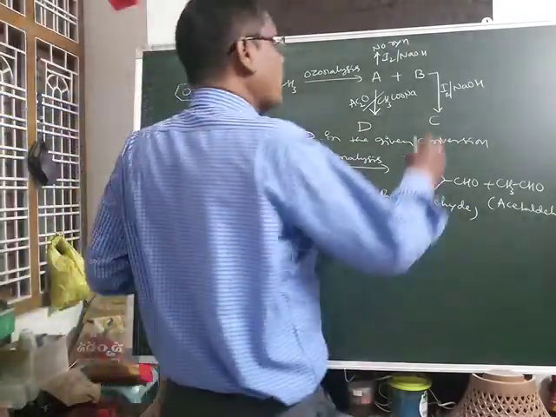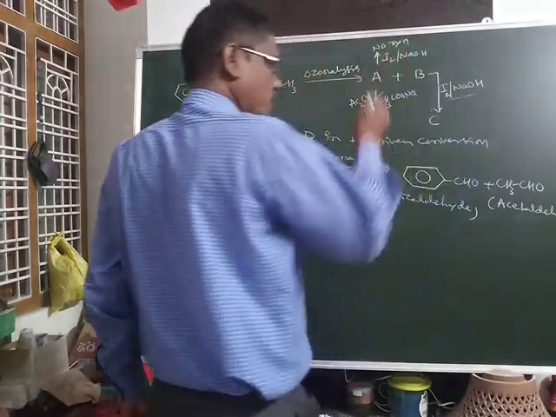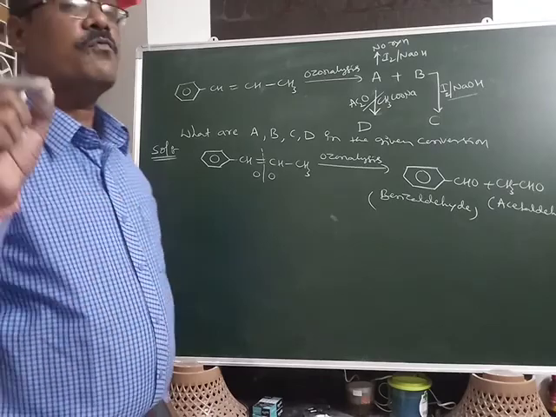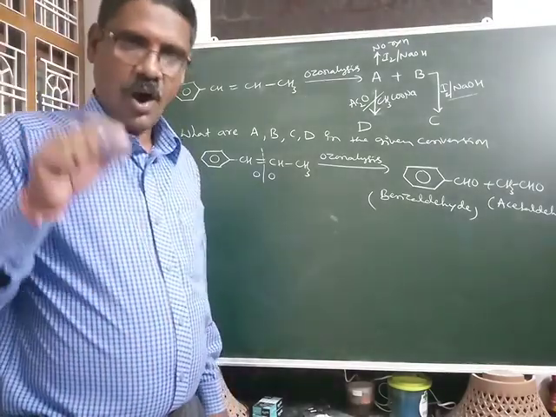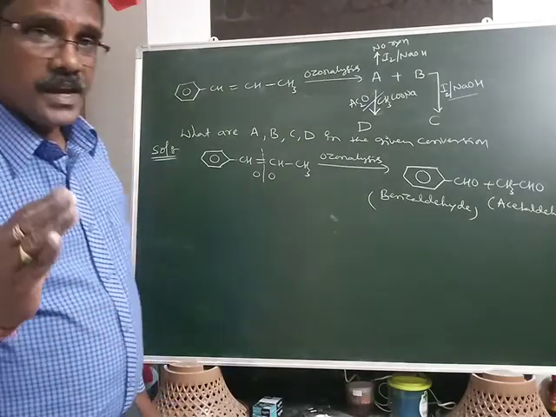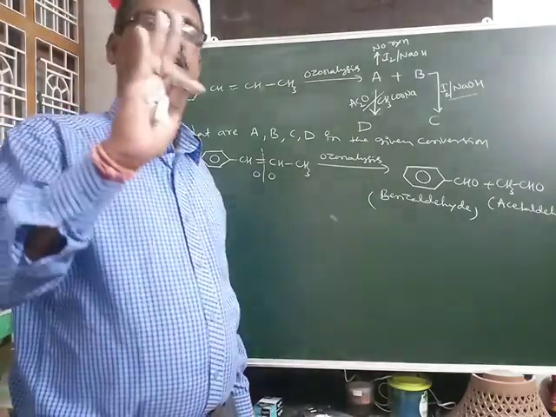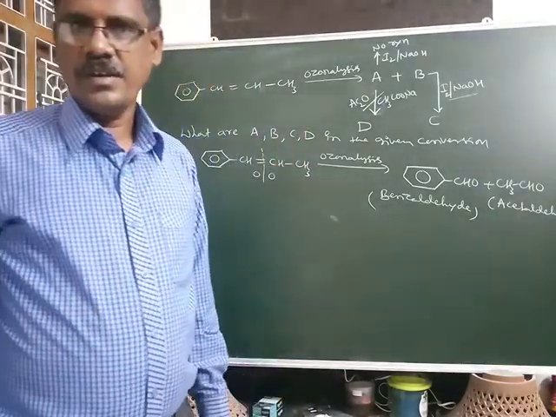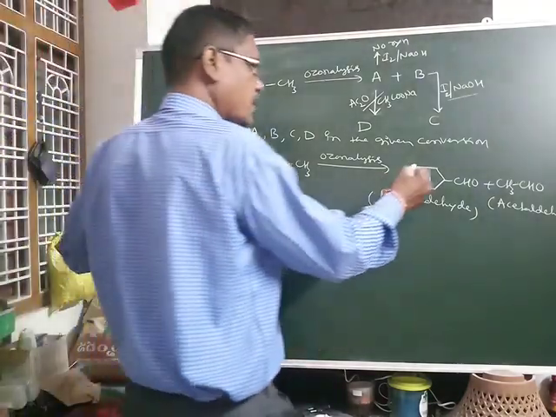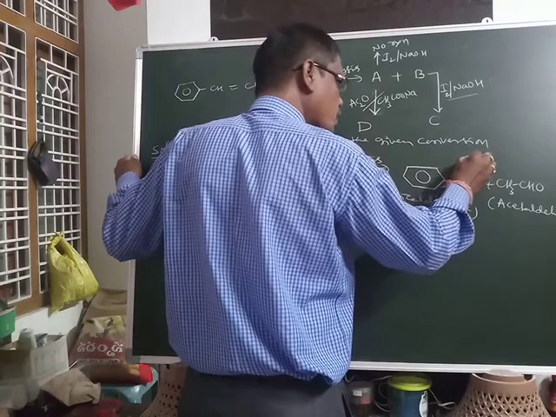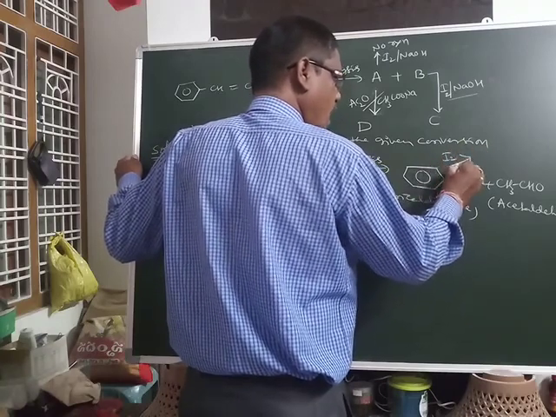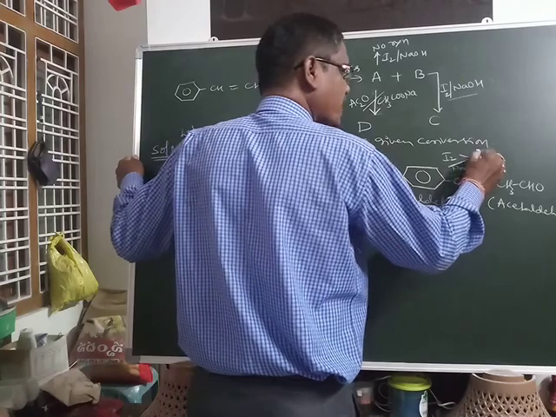Here, iodine plus NaOH. In the previous video, I gave the iodoform reaction. The aldehyde or ketone which contains 3 alpha hydrogens is involved in the iodoform reaction. Here, in this one, there are no alpha hydrogens. That's why I2, NaOH: no reaction.